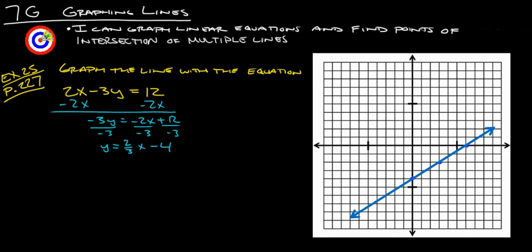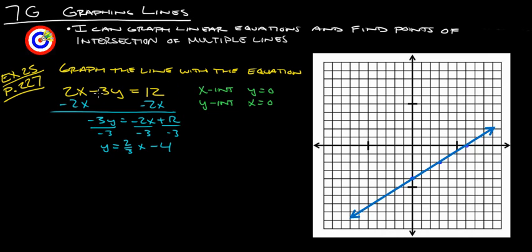Another way you can do this is to find the x and y intercepts. If you're ever looking for the x-intercept, we know that y equals 0, and if you're looking for the y-intercept, x equals 0. So if we look for the x-intercept first, y equals 0.